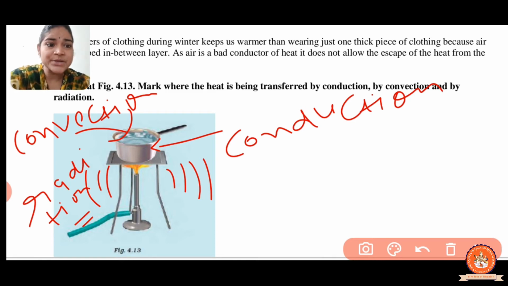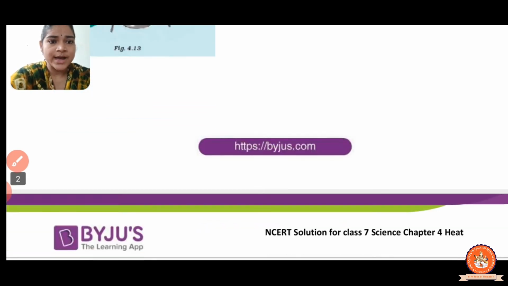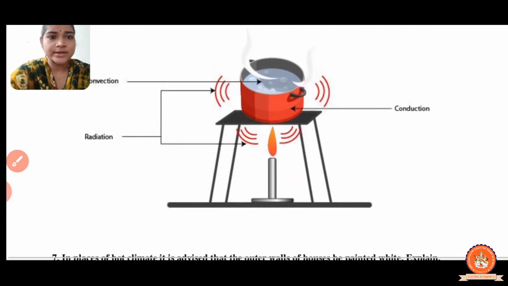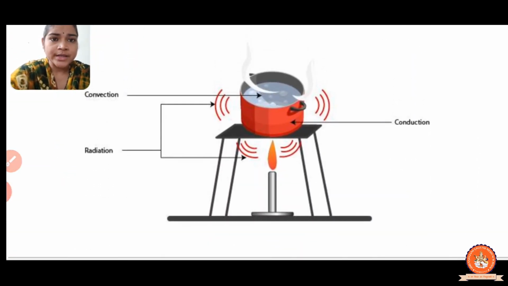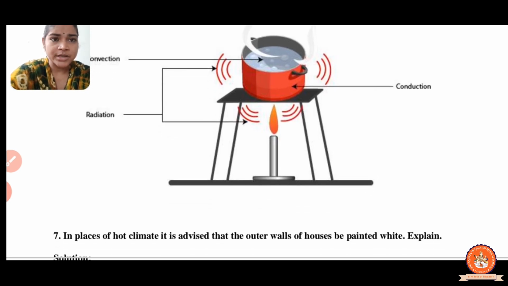The radiation method is used because the Bunsen burner flame is hot and a hot object always radiates heat, right? So that's why we feel warm here. So the answer is given in this figure. Draw properly, mark properly, right?